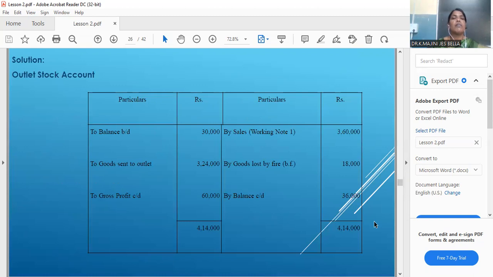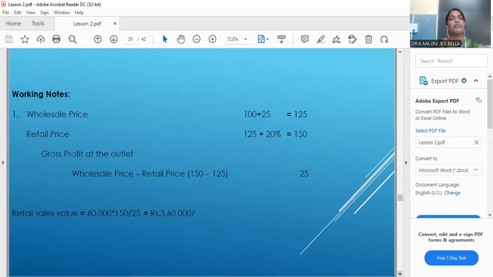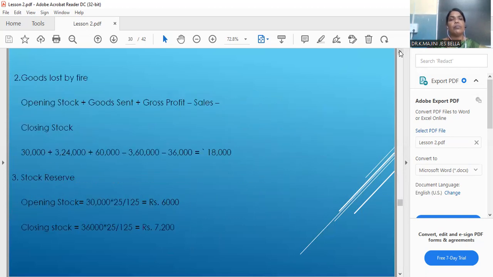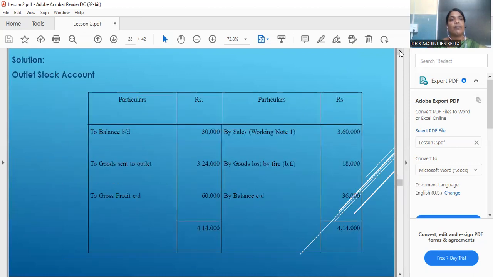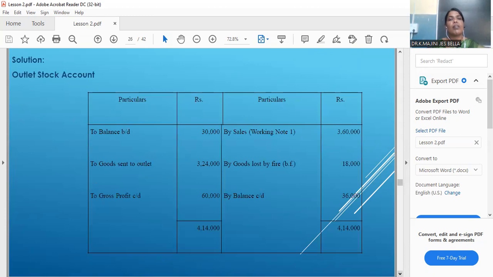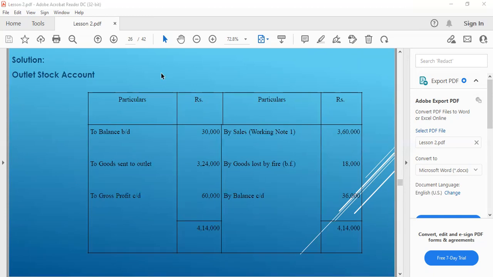First, we can see the outlet stock account. Okay, we'll move to the outlet stock account. Here, you put two columns on the debit side and two columns on the credit side.